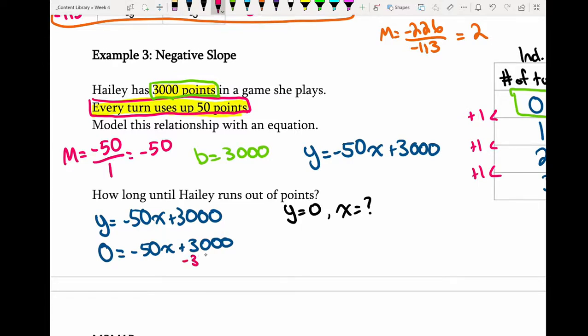So going back to solving equations, I'm going to subtract the 3,000 from one side, and from the other. One side cancels out. I have negative 3,000 equals negative 50x. I'm going to divide by negative 50 on the one side, and divide by negative 50 on the other. One side will cancel out, and I'm left with x equals 60.